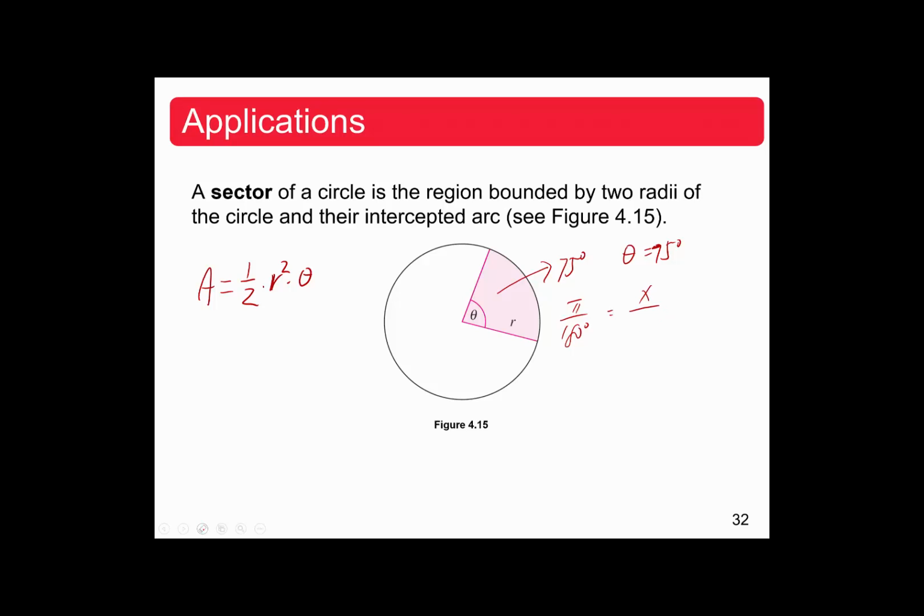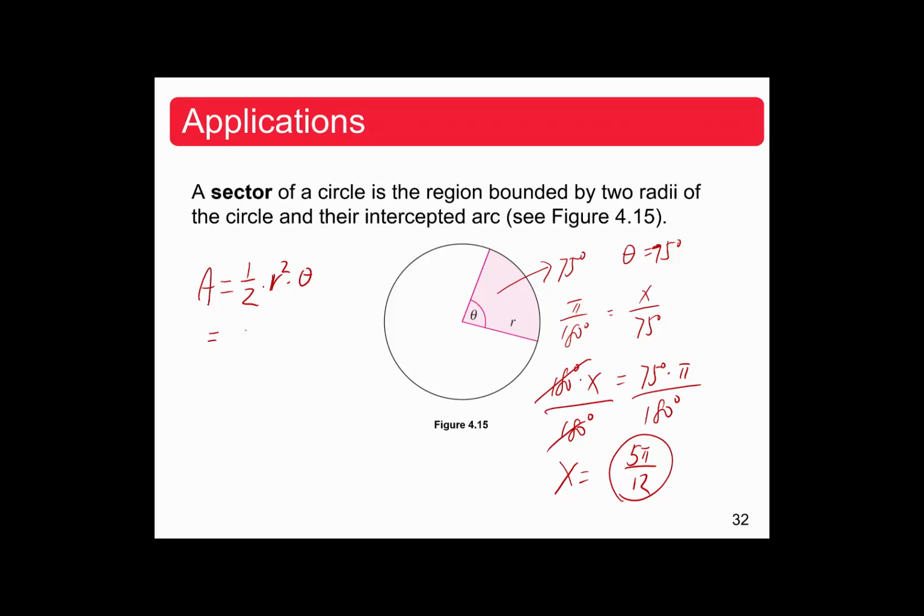Now let's convert to the radian measurement. So 180 times x equals 75 degrees times pi. Now dividing both sides of the equation by 180 degrees, we cancel that. x equals, reducing, both could be reduced by 15, so it's 5 pi over 12. 75 degrees equals 5 pi over 12.